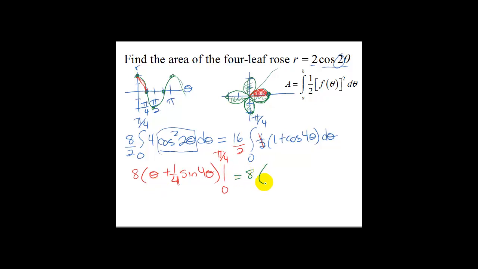So we have 8 multiplied by pi over 4 plus 1/4, and here we'd have the sine of pi, which of course is 0, so that's going to be gone. And then lower limit minus 0 plus 1/4 sine of 0, that's also 0, so that's going to be gone as well. So all we have left is our 8 pi over 4, which is 2 pi.